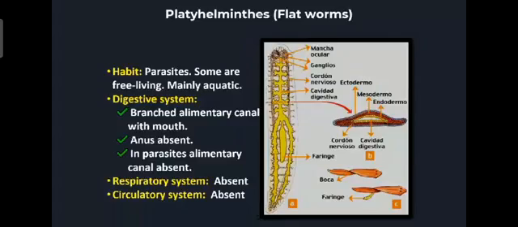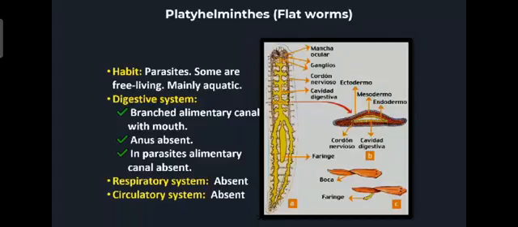For example, if they are living in the human intestine, the ready-made digested food is there. So through the body surface they directly absorb those nutrients. No need of digesting the food inside the body. So those animals don't have a digestive system in parasitic forms. Clear?